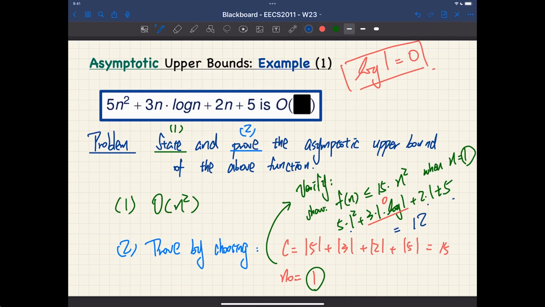Is it smaller than or equal to 15 times 1 to the power of 2? Indeed. So check. So that's fine. So guys, this verification process is really important, especially if your equation involves log. I will show you an example actually on the slides in some other case which involves log, and 0 equals 1 is not right. You gotta be careful. Any question?